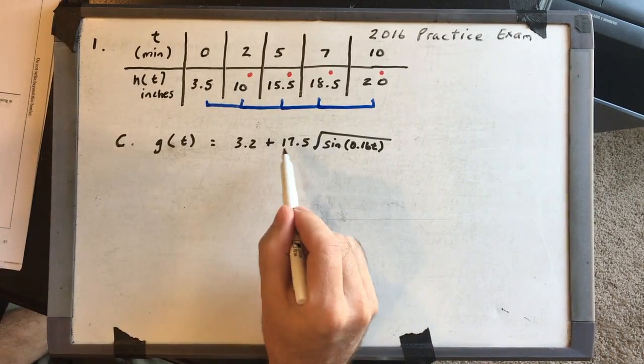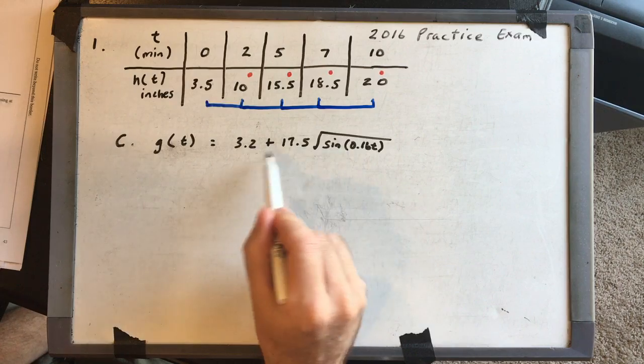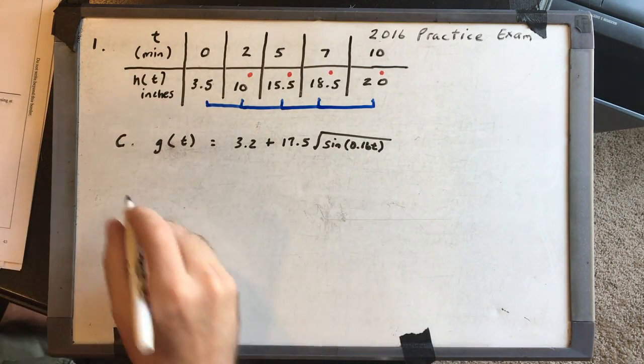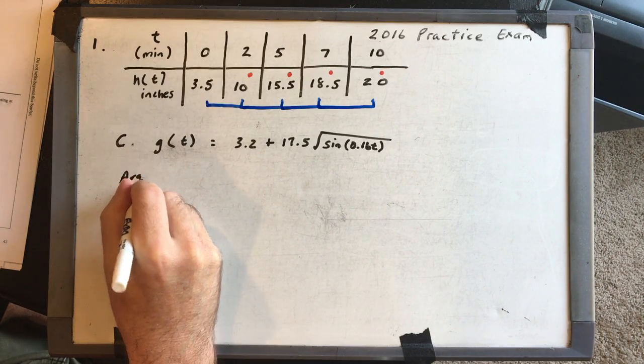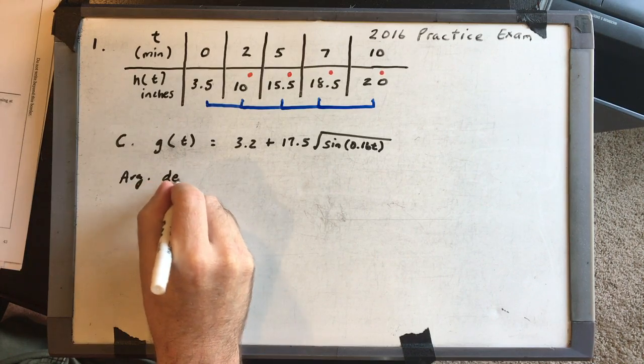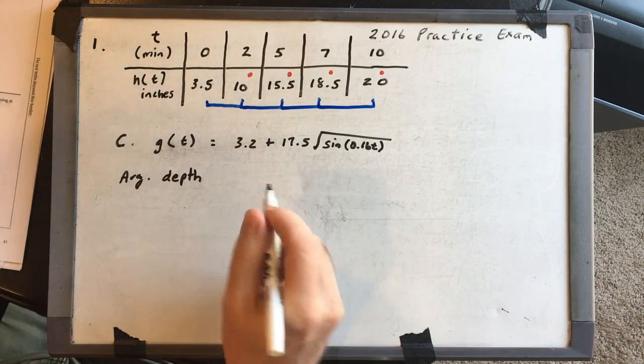Okay, on the 2020 test, they're going to give you an easier function than this, one that you could do by hand. But I'm going to go ahead and write out how to do it for your learning purposes.